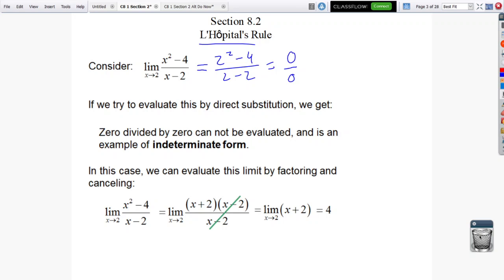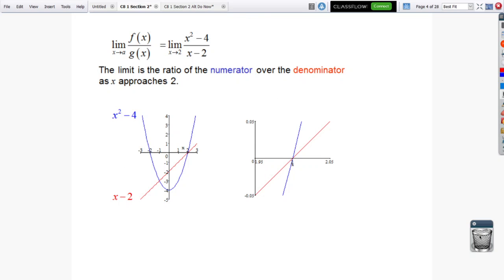But we know from the do now that I put up there for you that direct substitution, or that factoring does not always work. So if factoring doesn't work, we look for an alternate method. So here we have a sort of pictorial way of lucking our way into L'Hopital's rule. The limit is the ratio of the numerator over the denominator as x approaches 2.